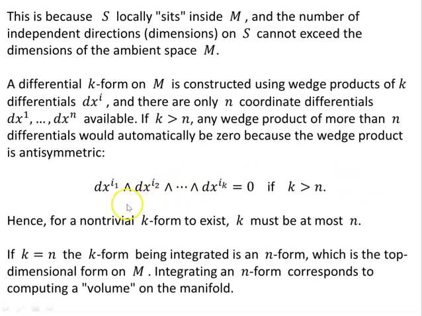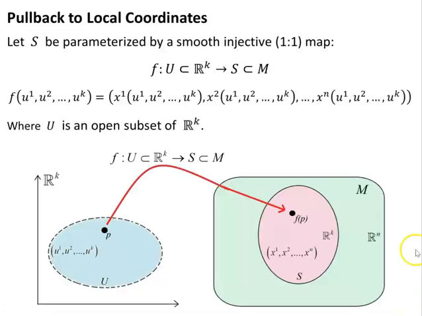If you start repeating dx1, wedge all that, then dx1 again, the whole thing goes to 0, because of the antisymmetry of the wedge product. Hence, for a non-trivial K-form to exist, K must be at most n. If K equals n, the K-form being integrated is an n-form, which is the top-dimensional form on M. So integrating an n-form corresponds to computing a volume on the manifold. We're interested in the case where K is less than n.